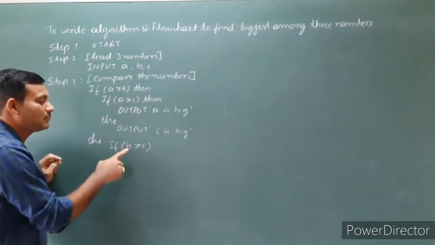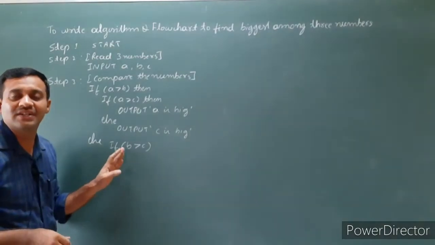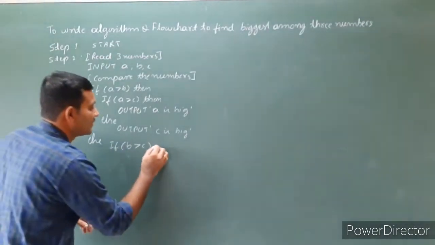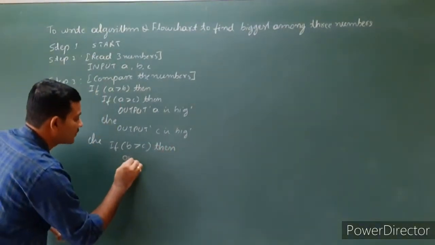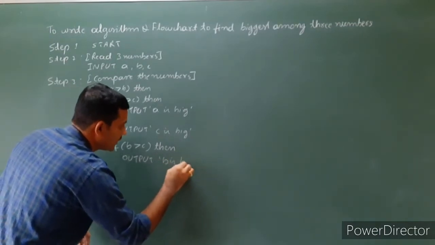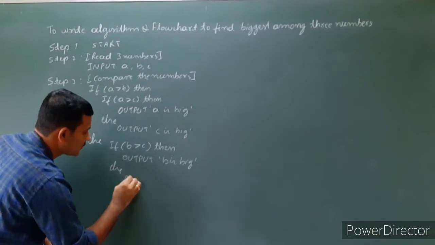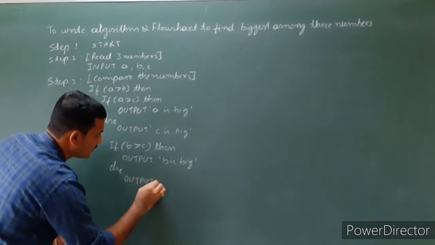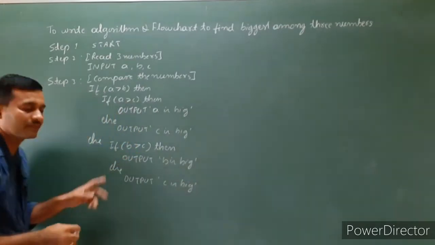The biggest so far is B, and that number is compared with the third one. Then output B is big. Else output C is big. Carefully trace the steps.